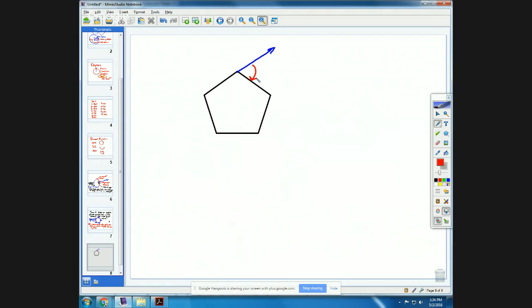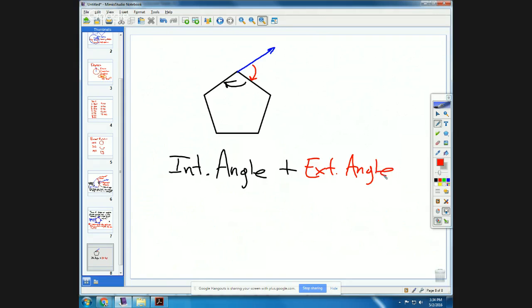However, on the inside, I have an interior angle. And can you tell by looking at the picture what an interior angle added to an exterior angle has to be? Yeah, it's always going to be equal to 180.